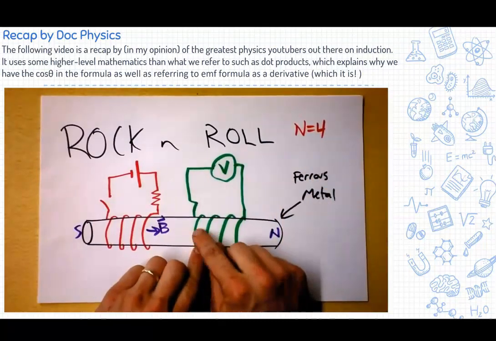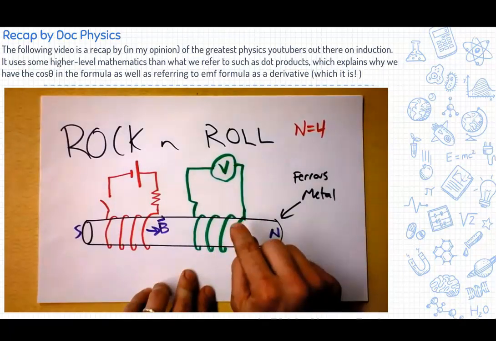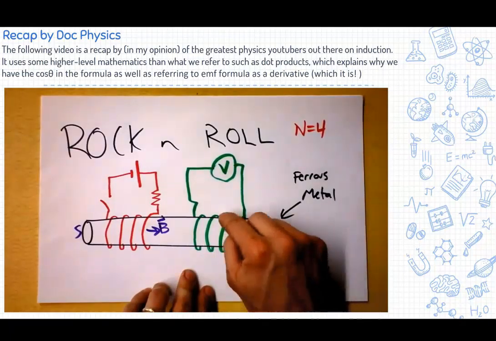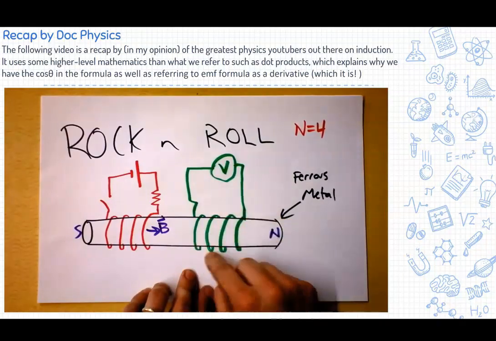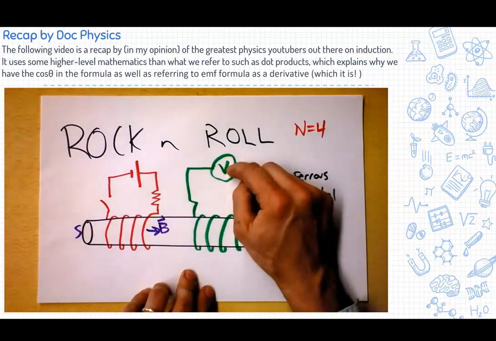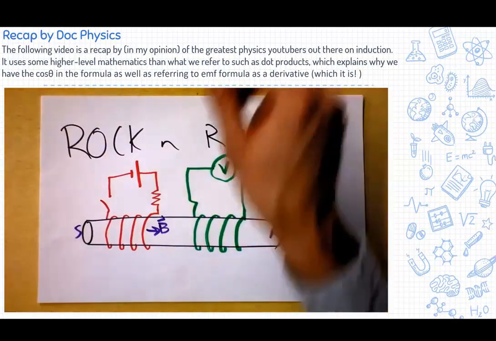And then the beautiful thing, here's the most beautiful thing. Since the magnetic field inside of this coil changed, the coil induces a voltage, and that voltage can be read off by this voltmeter right here. That is Faraday's law of electromagnetic induction.